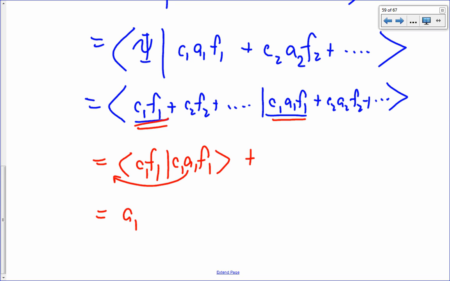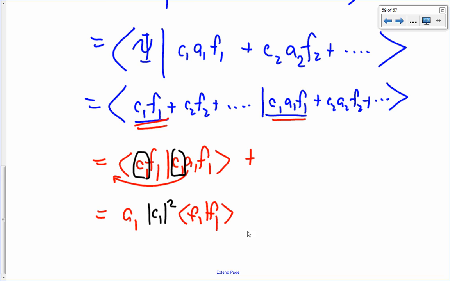And c1 squared. Remember, this c1 has a star, and that c1 has no star. So c1 star times c1 is the absolute value of c1 squared, and I can pull that out of my integral. And what do I have left? F1 star f1 d tau, which is just going to be 1.